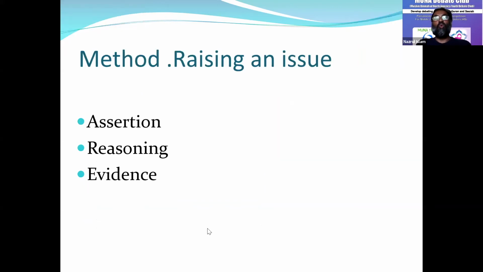Okay, when you raise an issue, I gave one example. Now we're going to the methods. So far we discussed the manners, and now we are moving to the method. When you raise an issue, remember to use this ARE. I gave you the examples. Surah Fatiha, you take any example, don't say the last one first. Assertion first, reasoning, and then evidence.